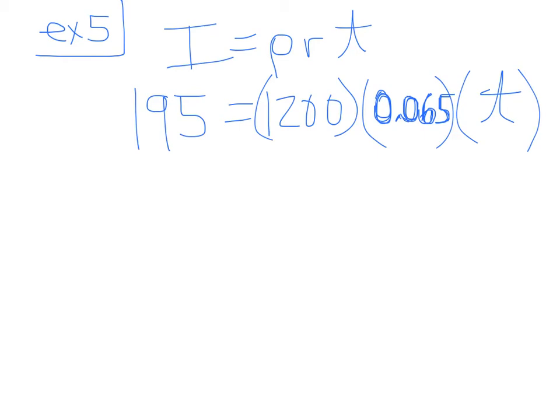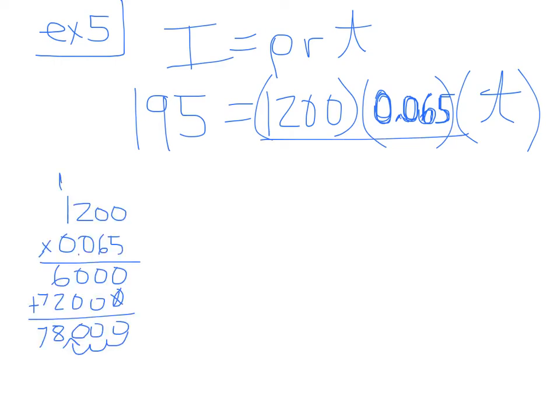After you know how to plug things in, we've solved equations before, so we should know how to solve this. So I'm going to start doing some math here. First math is I'm going to multiply those two together. So let's do that first. So there's the multiplication off to the side. As you can see, my answer after I move the decimal 3 places is just the number 78.